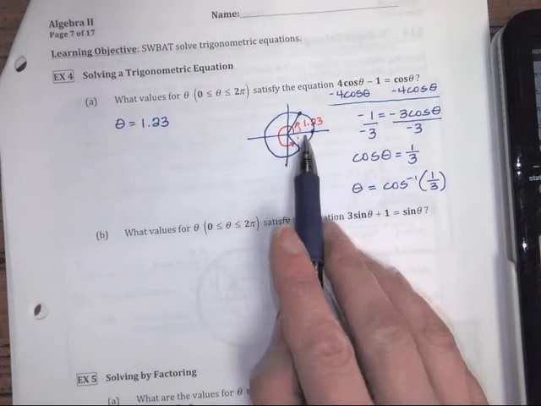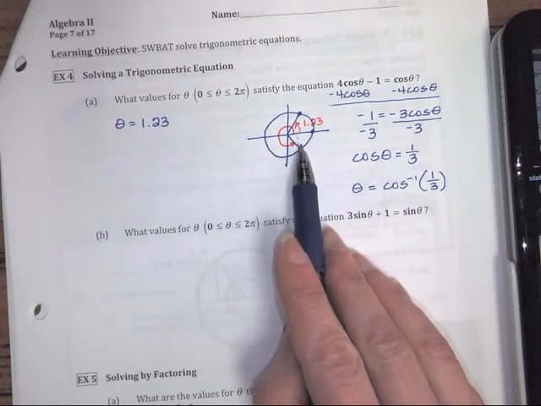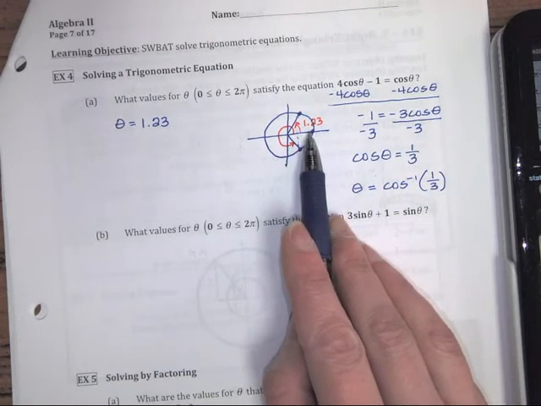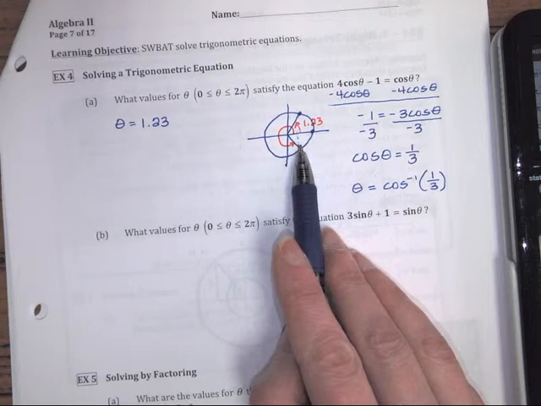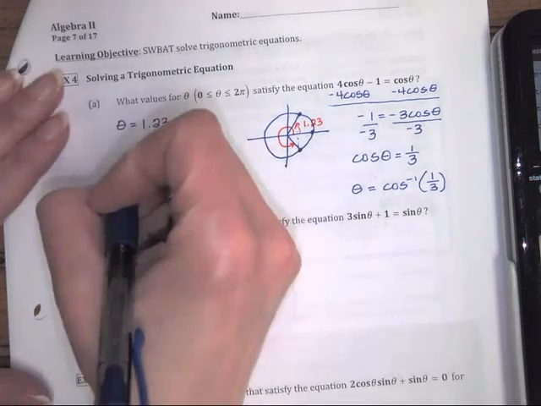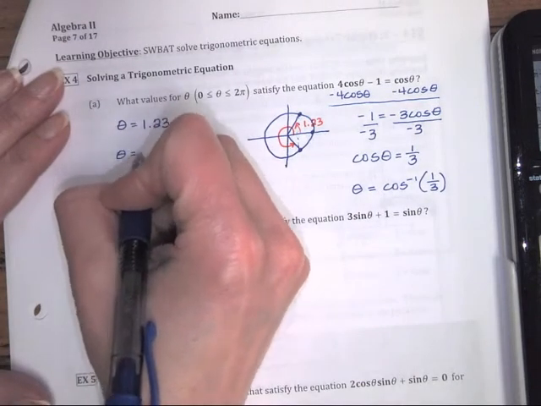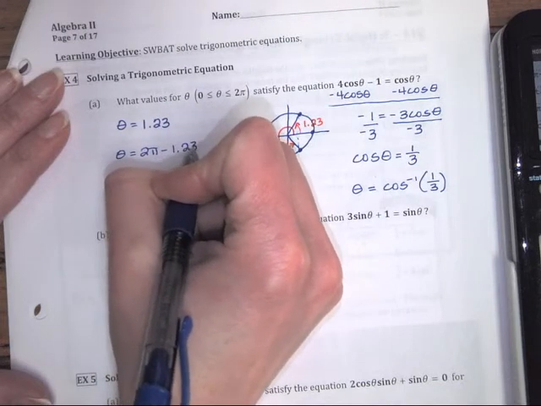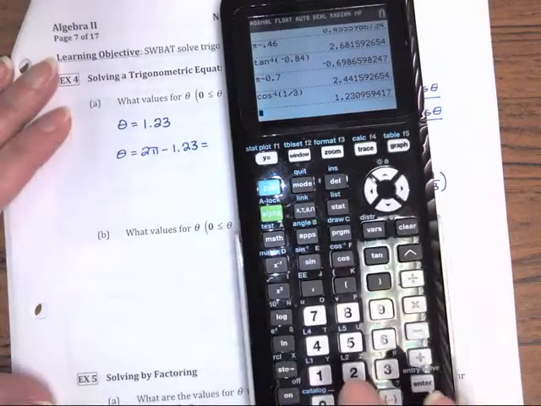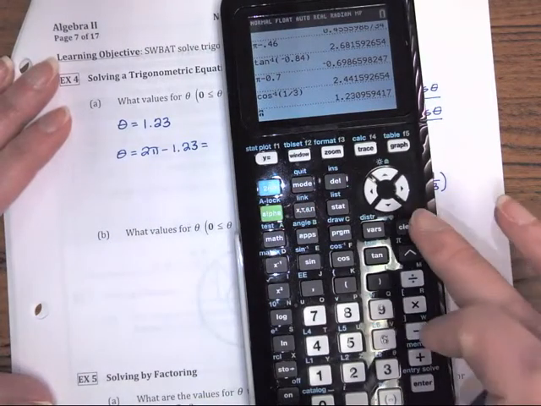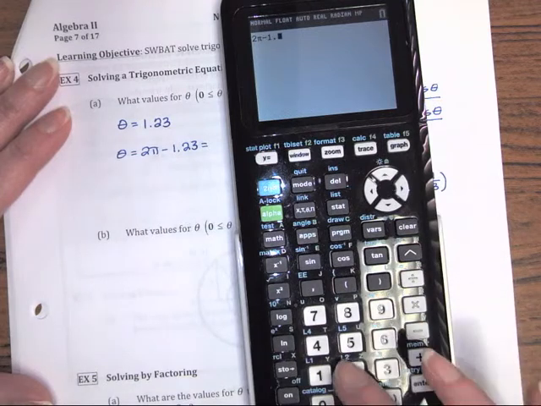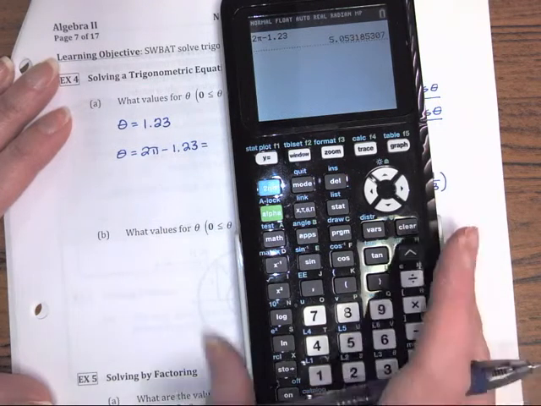Would you, can I get you to agree that this right here is a negative 1.23? Right? So how about 2 pi minus 1.23? So theta equals 2 pi minus 1.23. Let's get that on our calculator. So, 2 pi minus 1.23, 5.05.